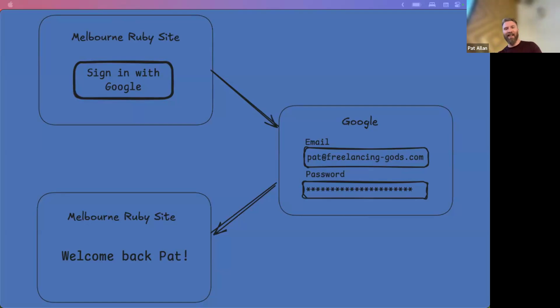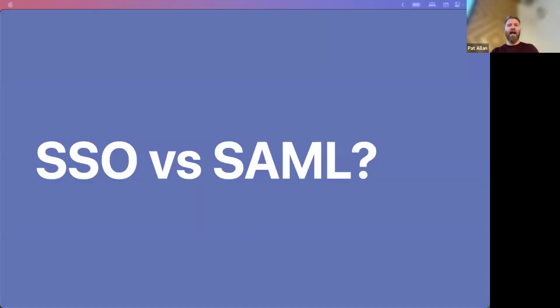And you click that link, you're redirected off to the third-party site to sign in. You do that, and they send you back to the original site where you are logged in there too, perhaps with a new account if you hadn't done that before. And yeah, that process, that's SSO. SSO is kind of the catch-all term for that process.